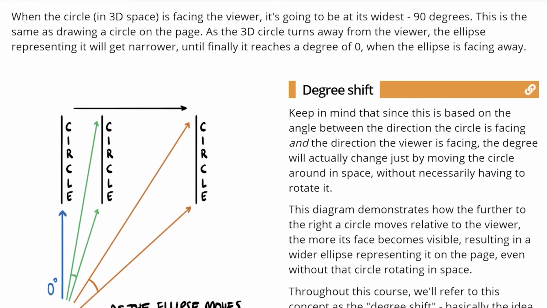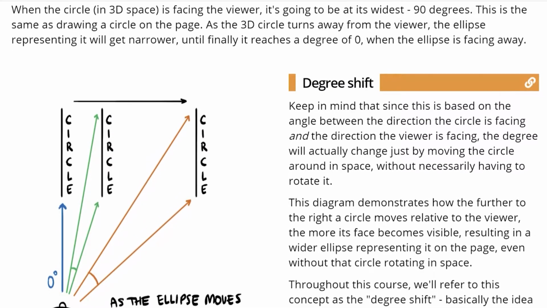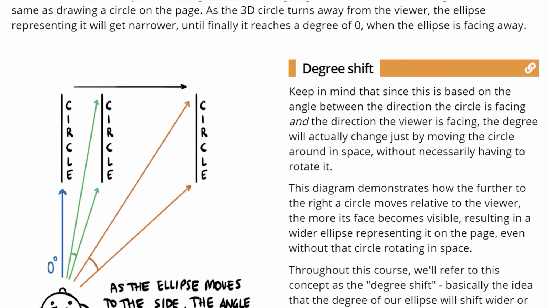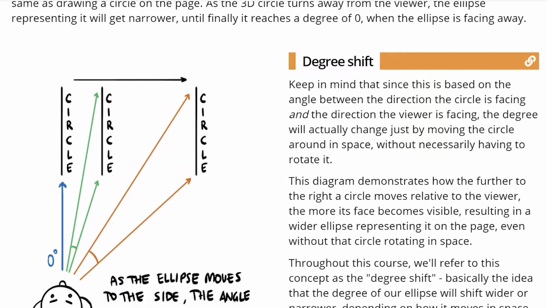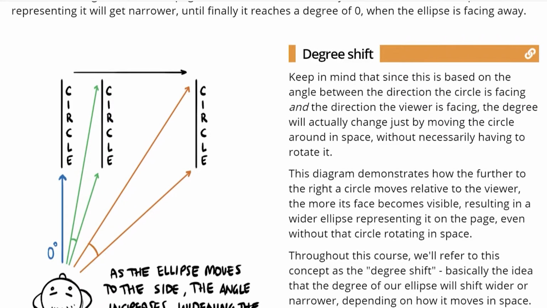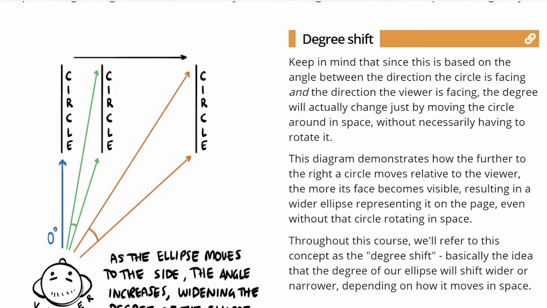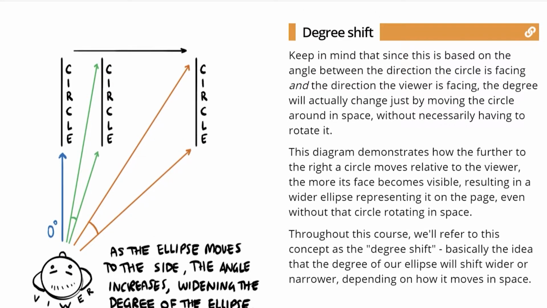Degree shift. Keep in mind that since this is based on the angle between the direction the circle is facing and the direction the viewer is facing, the degree will actually change just by moving the circle around in space, without necessarily having to rotate it.